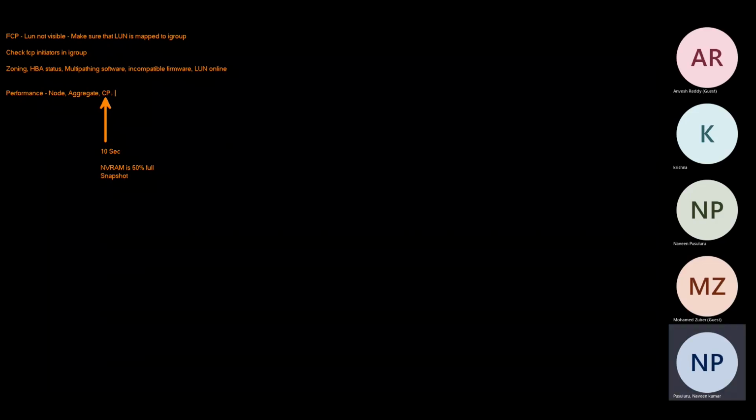Next thing is, on the SAN switch level we need to check whether all the paths are up and running. Like I told you, with the help of zoning we can decide the paths between server and storage, right?